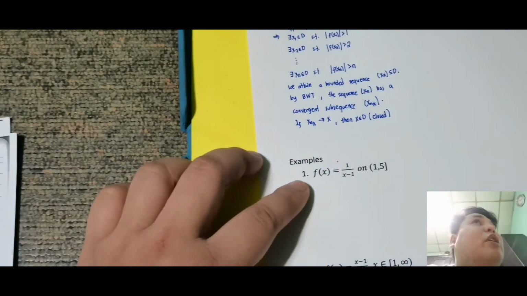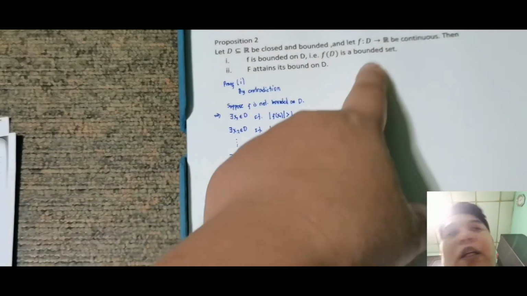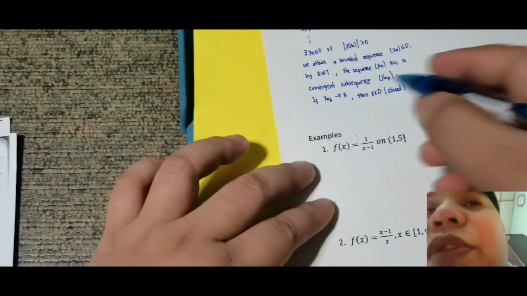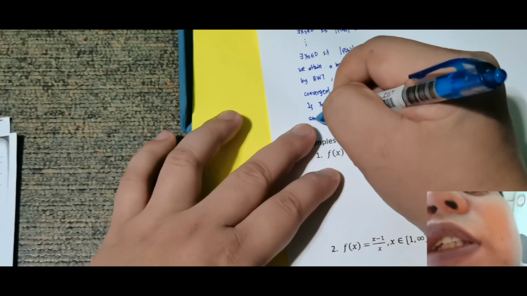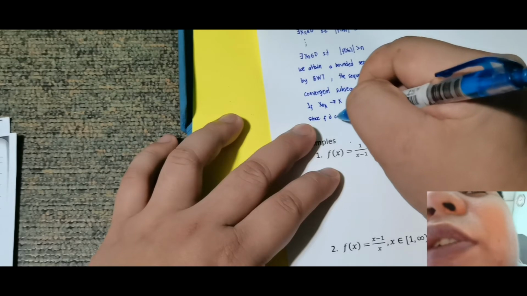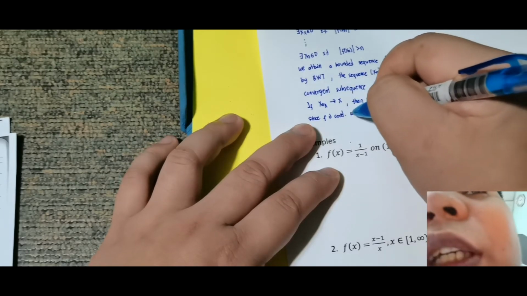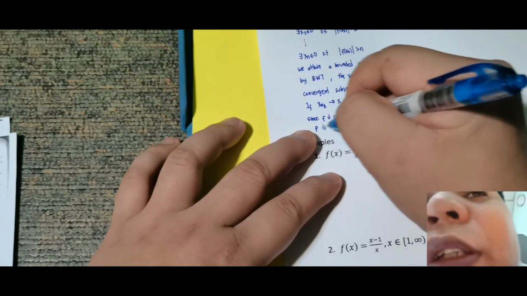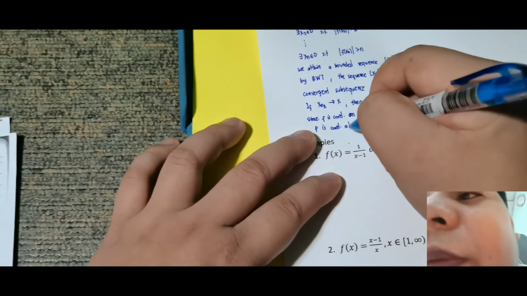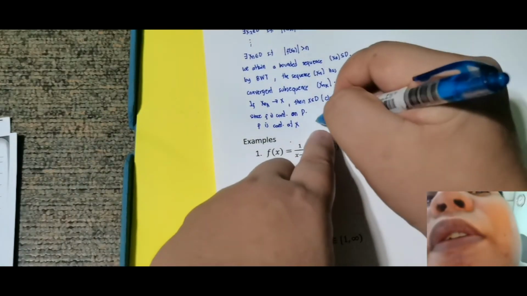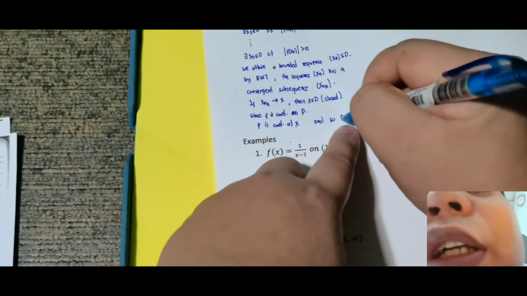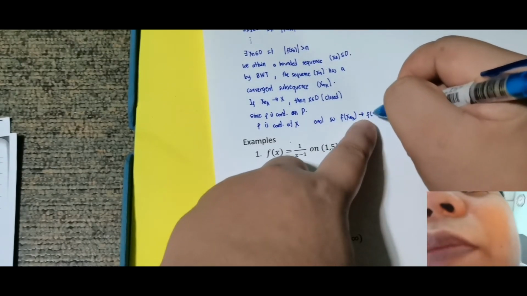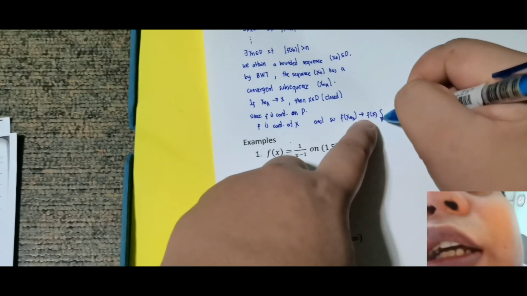Since f is continuous on D, then f is continuous at x. Okay, and so f of x sub n sub k approaches f of x, which is a contradiction.